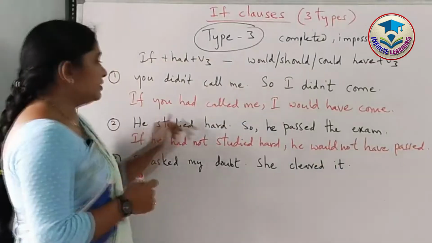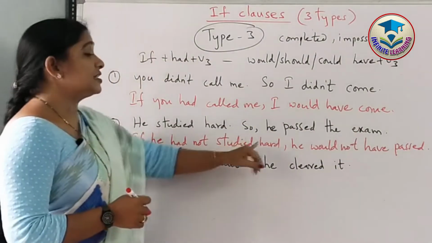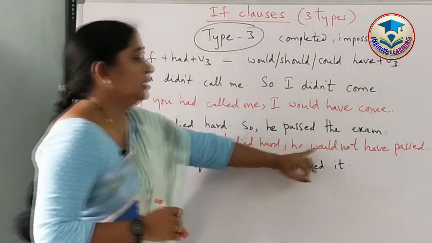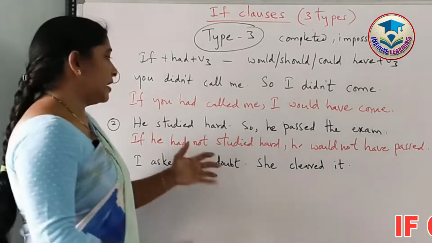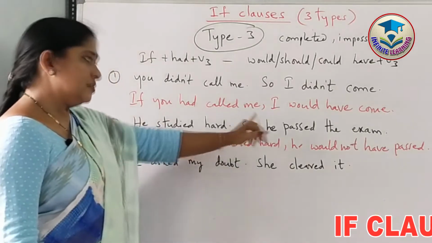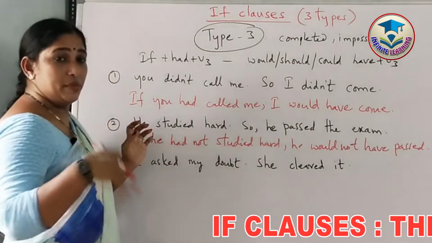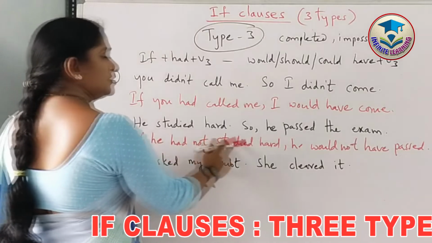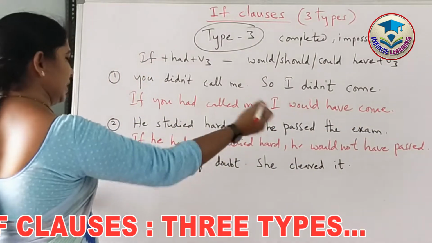He would have failed. It's would plus have plus V3. Both had happened already, so it is in the past tense. So when you apply the if condition there, if he had not studied hard, he would not have passed the exam. Both we will get in the negative.